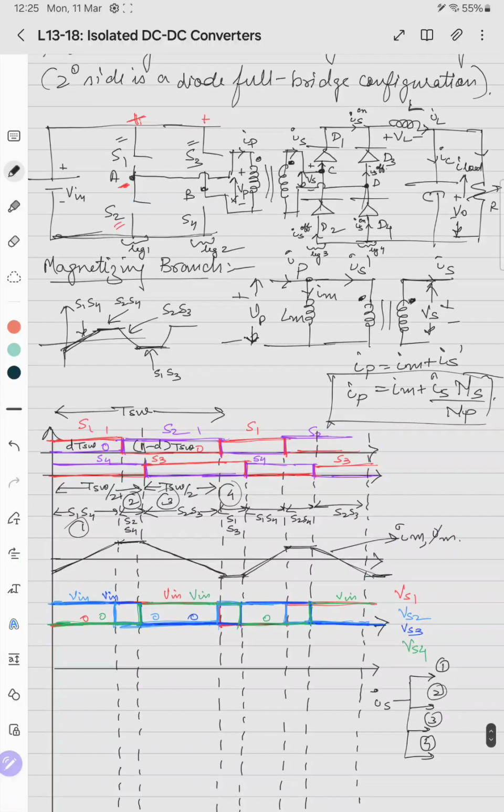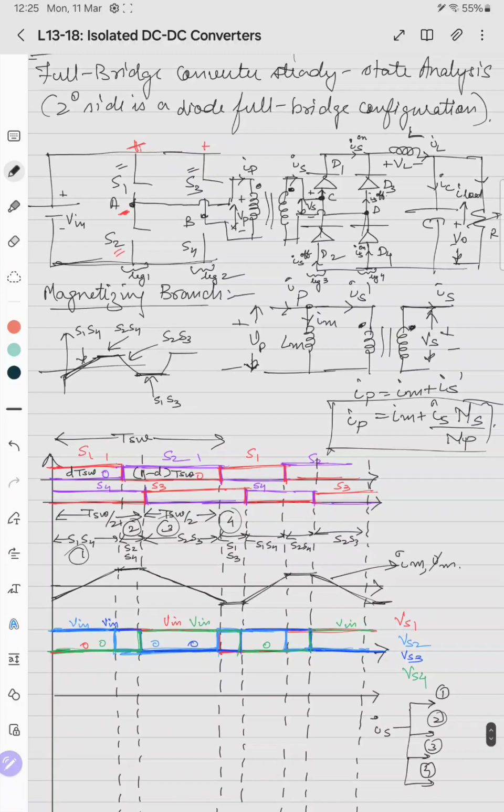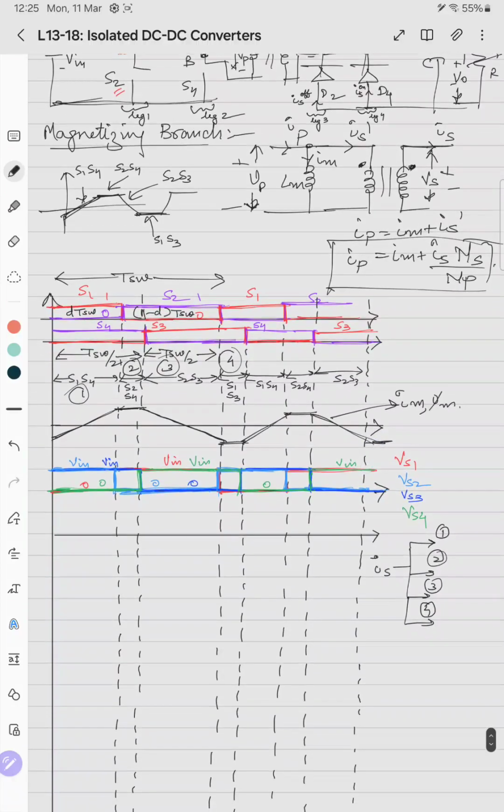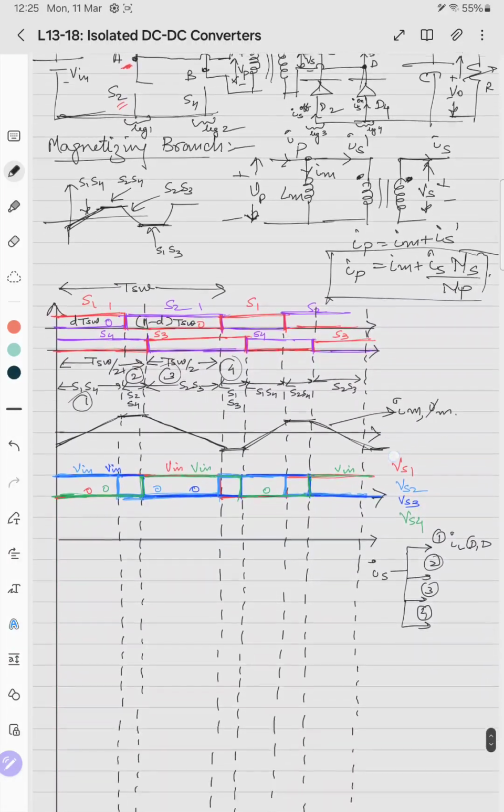When case 1 is there, positive voltage is there, D1 and D4 are turned on. In that case, Is is equal to IL, and it flows through D1 and D4.